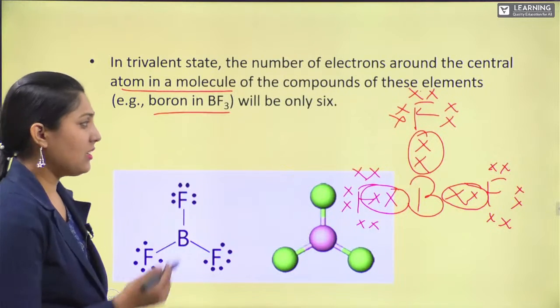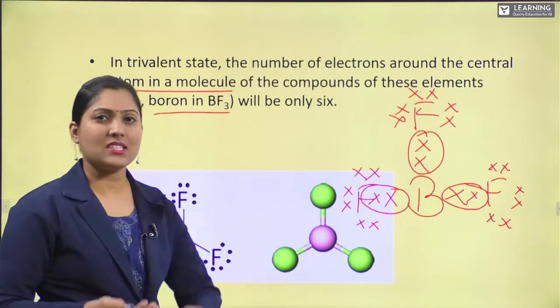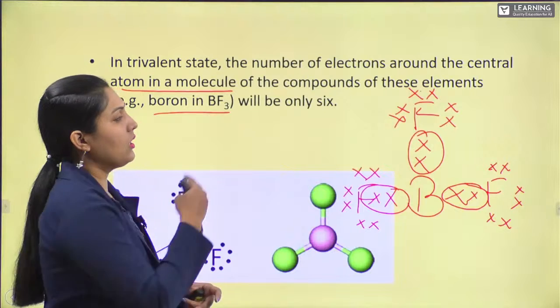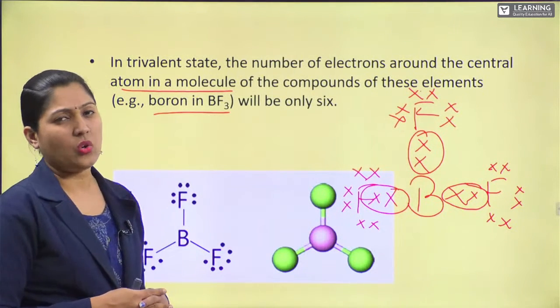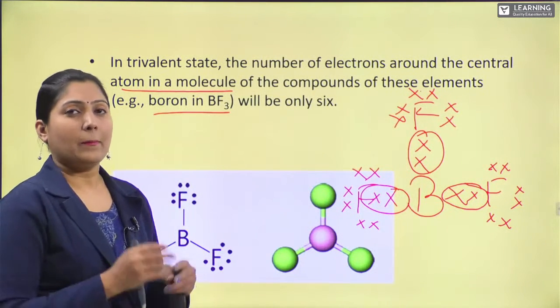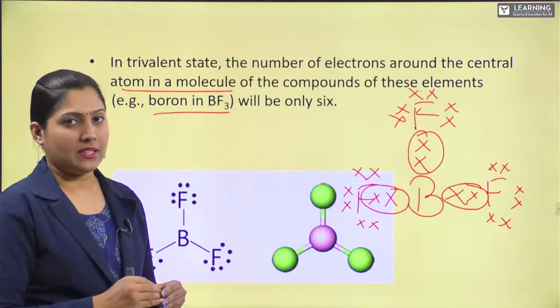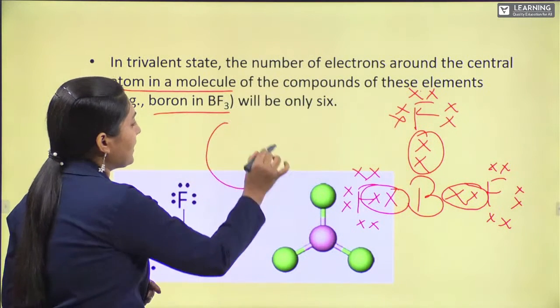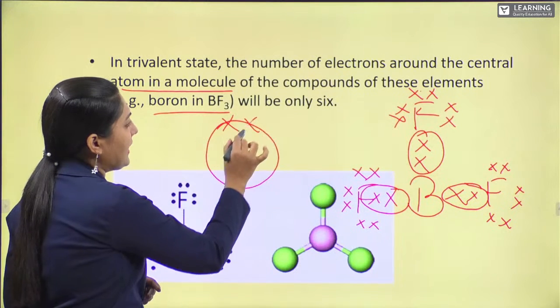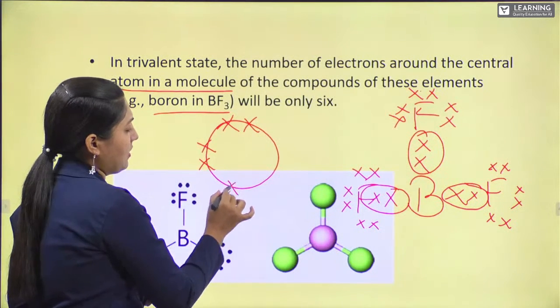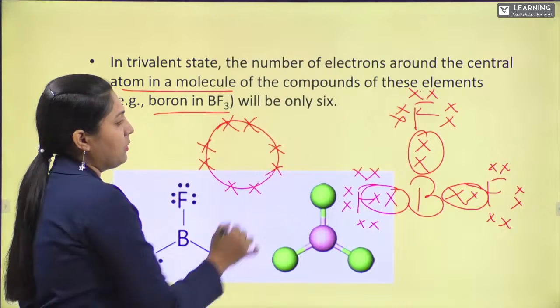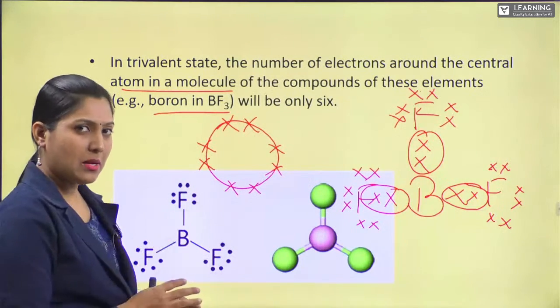Can you understand here, even after bonding, what is the main motto to bond, or undergo sharing or transfer of electrons? The main motto is to get stability. If you have the octet structure, that means 8 electrons in the outermost shell, then the atoms will be stable.